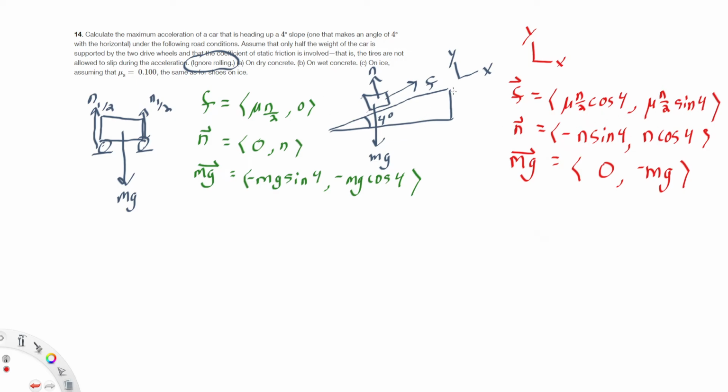If we rotate our coordinates like we did in the blue and the green over here, then our normal and friction are in the y and x directions respectively, and we only have to use trig to break down mg. So the difference between the green and the red is a matter of perspective. What do we consider the x direction to be? Does that answer your question, Yusuf? Okay.